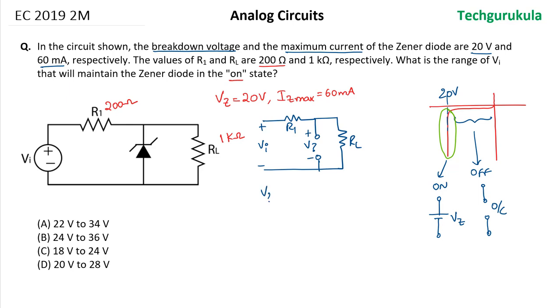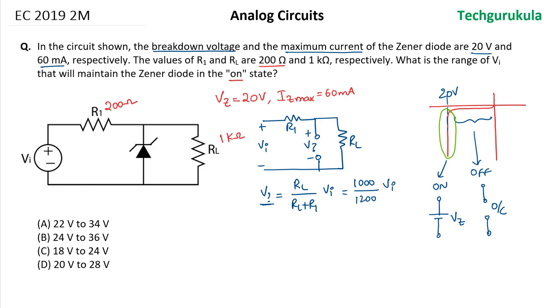That voltage across the Zener diode is equal to RL over RL plus R1 times VI, which is 1000 ohms divided by RL plus R1. R1 is 200 ohms, RL is 1000 ohms, it becomes 1200 ohms, times VI. What should this voltage be? This voltage should hit 20 volts so that we will enter the breakdown region.